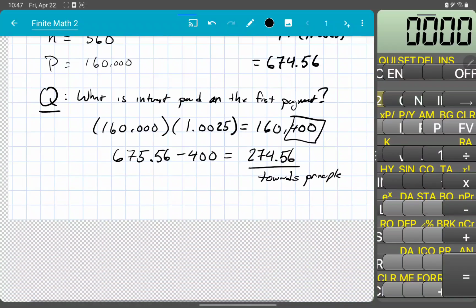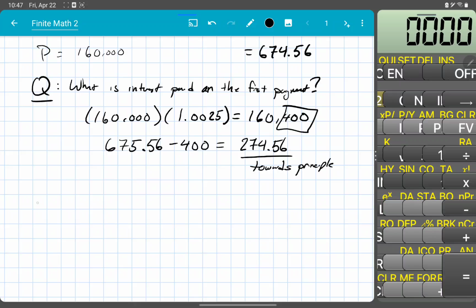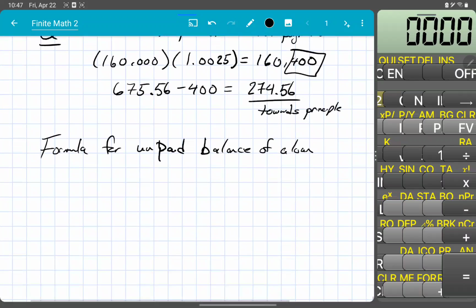Another thing you might want to know is a formula for the unpaid balance of a loan. And this is the same values from before.